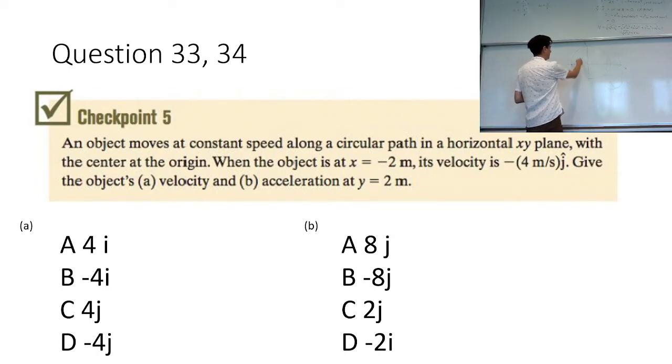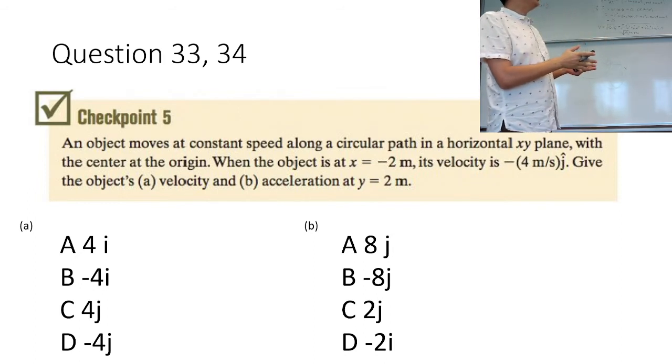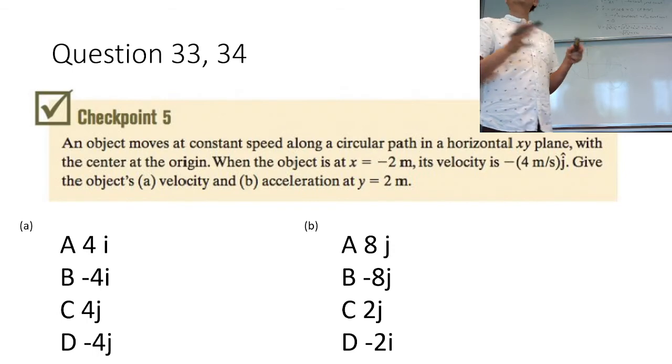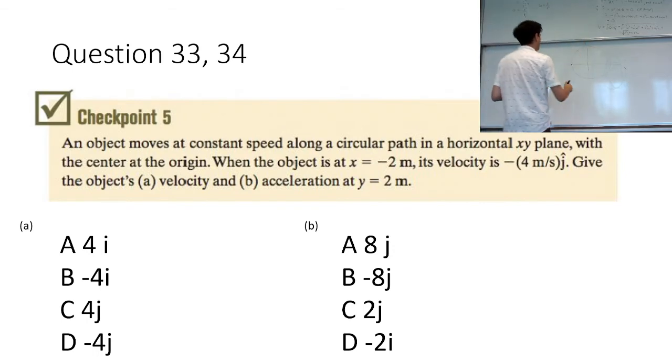Why couldn't it be somewhere over here, or somewhere in between? We're not told what the y position is, right? All we're told is it's at x equals -2. It's not saying it's y equals 0. So why wouldn't it be somewhere in the middle here?